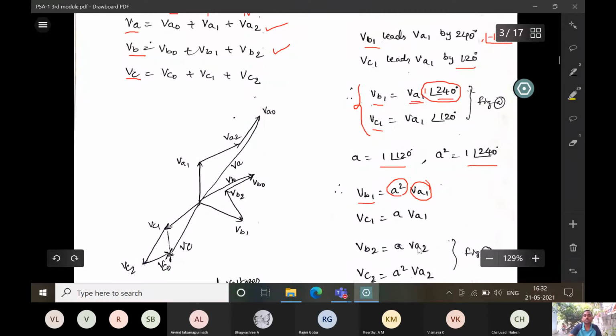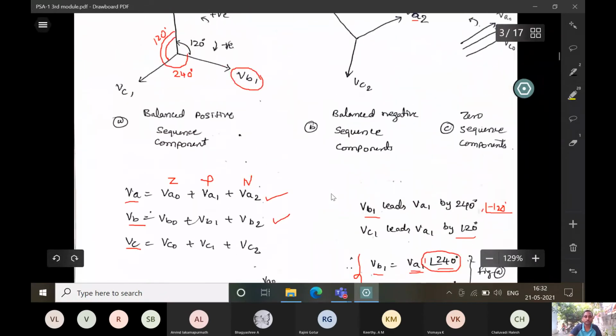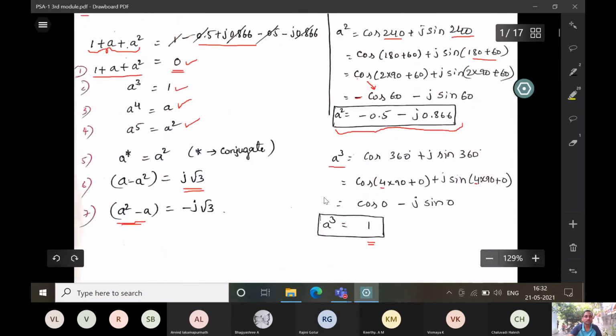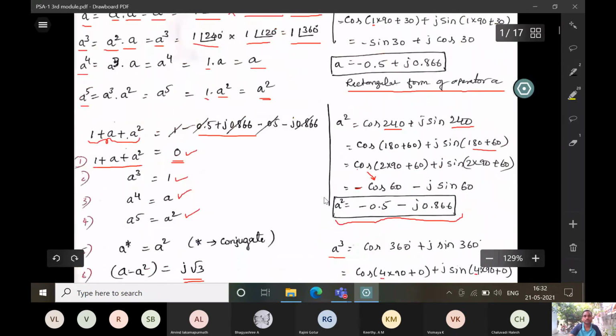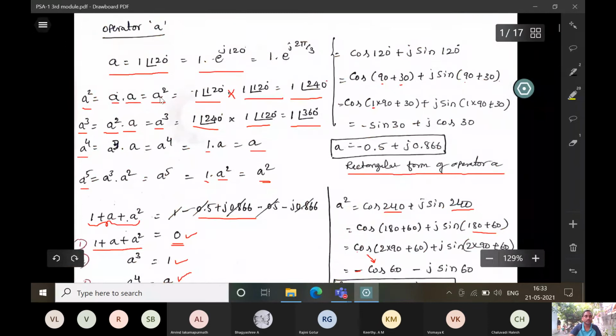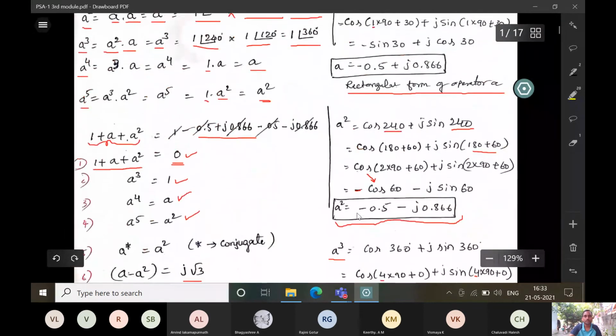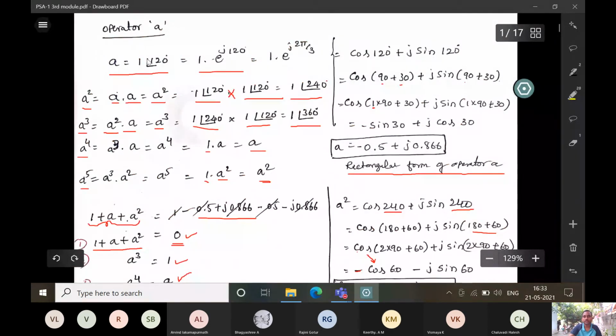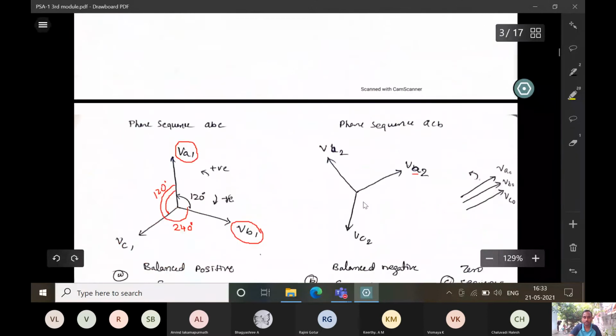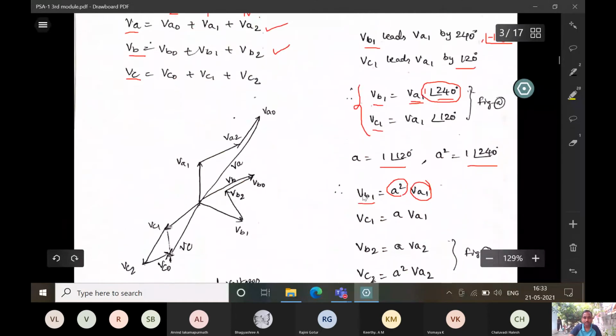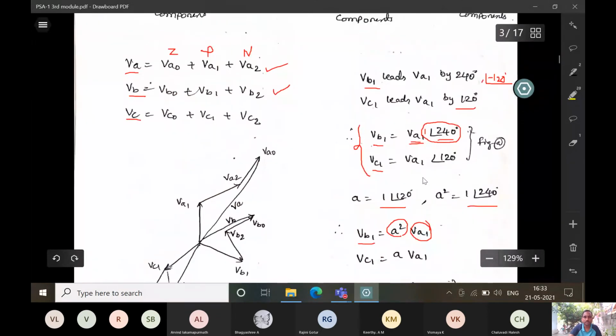1 at an angle 240 is called A square, right? And 1 at an angle 120 is called A. So therefore, what is VC1? VC1 is equal to VA1 at an angle 120.